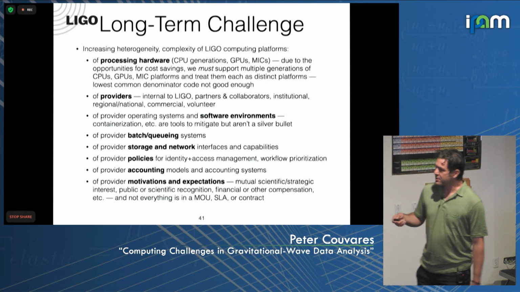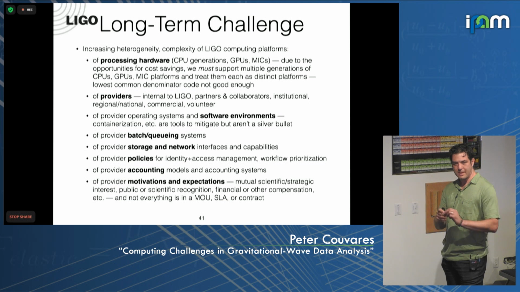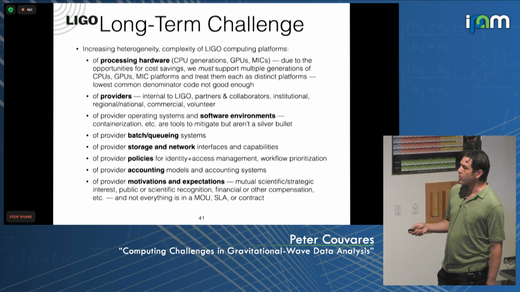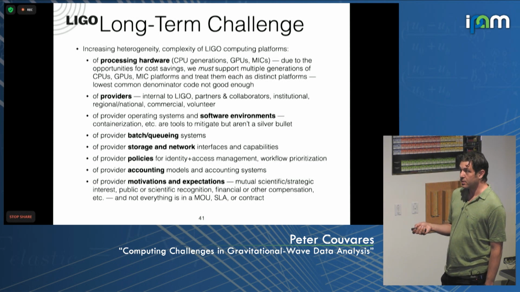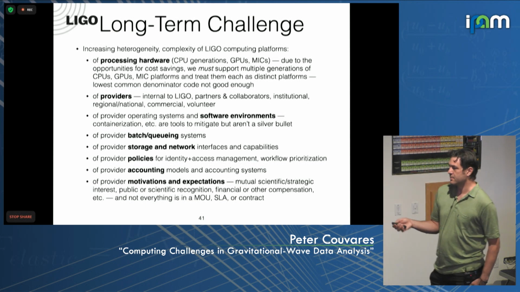So I mentioned earlier how it's more complicated now to write code that uses many cores whose individual performance isn't increasing. That's only one of the ways in which computing, large-scale data analysis computing in a big experiment, is getting much more complicated. It is going to get much more complicated over the next 10 years than it has over the past 10 years. And this slide is about why.